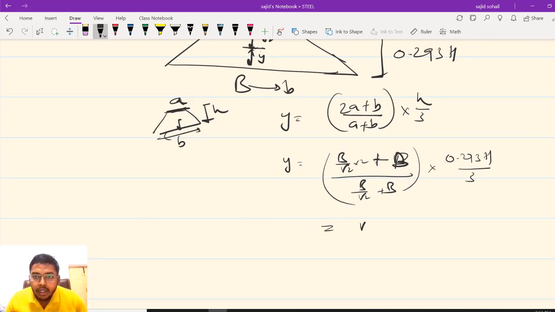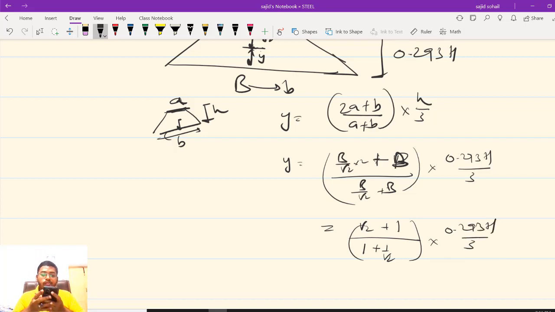It will be root 2 plus 1 divided by 1 plus 1 by root 2, into 0.293h divided by 3. From the top, root 2 is 1.414 plus 1, you get 2.414, and at the bottom 1 by root 2 is 0.707 plus 1, so 1.707. So 1.707 into 0.293h divided by 3.